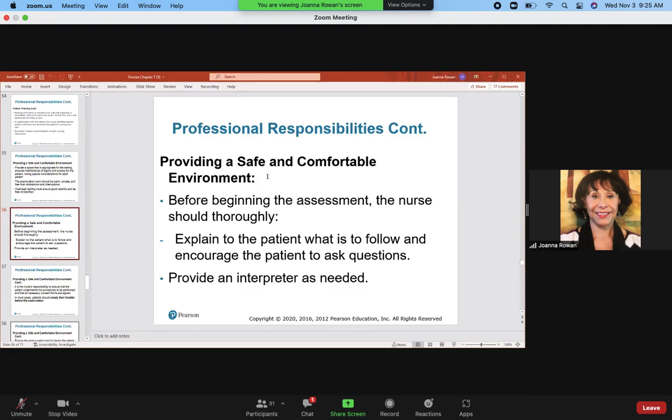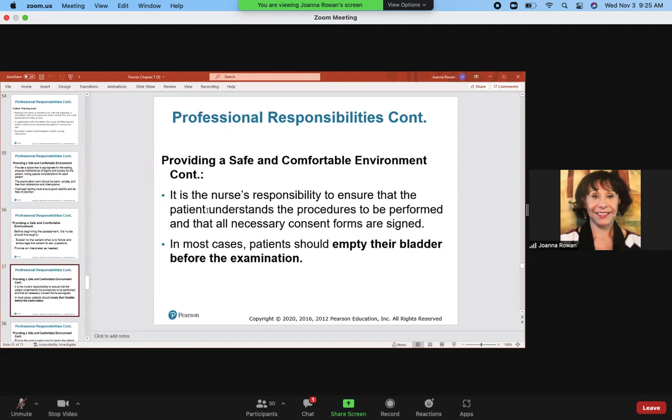Another responsibility is to provide a safe and comfortable environment. So before beginning the assessment, the nurse should thoroughly explain to the patient what is to follow and encourage the patient to ask questions, and provide an interpreter if needed. It is the nurse's responsibility to ensure that the patient understands the procedures to be performed and that all necessary consent forms are signed.